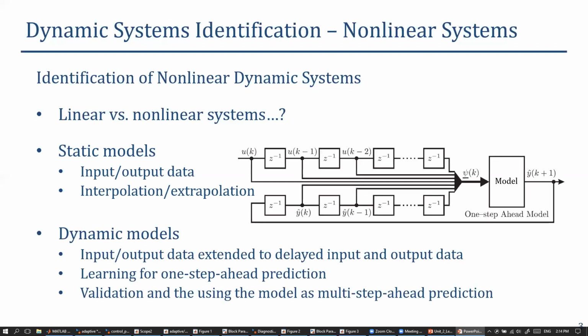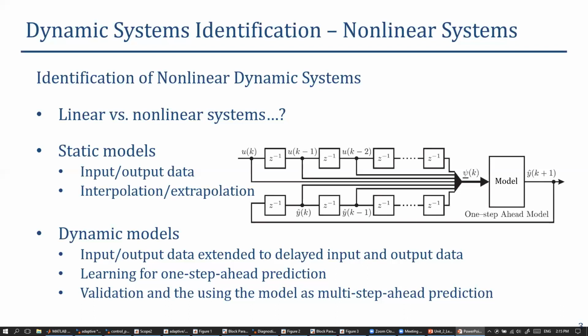Then dynamic models. We can extend the static models to dynamic models. This is usually done in nonlinear system identification, or nonlinear modeling, by having a one-step-ahead prediction nonlinear map. Then, by the choice of the regressors, the inputs and predicted outputs are delayed back.